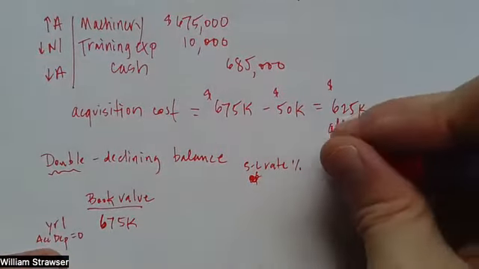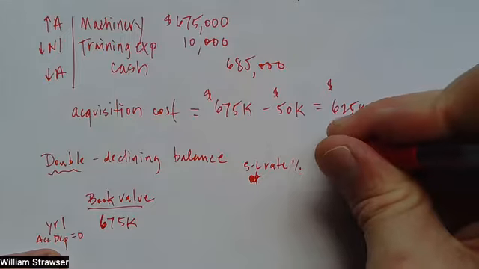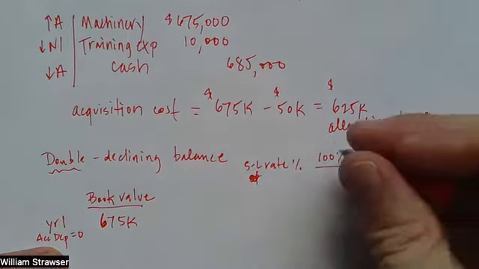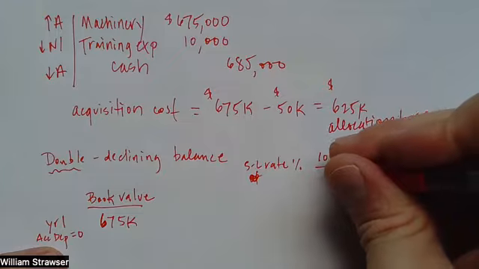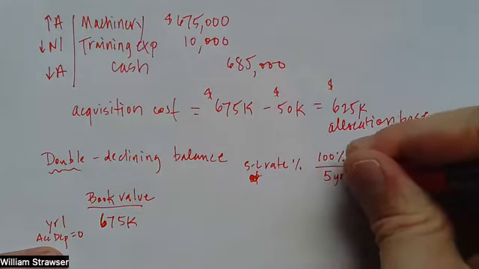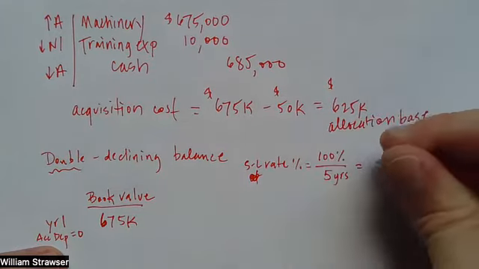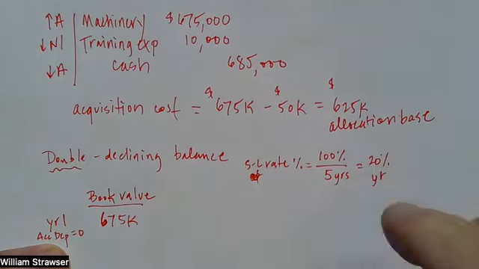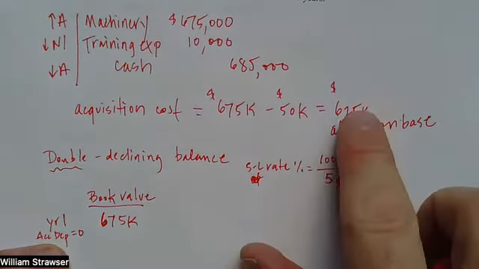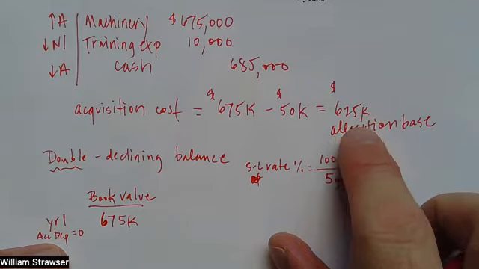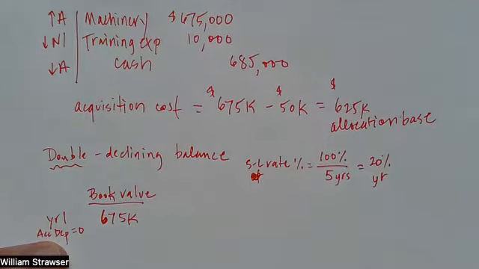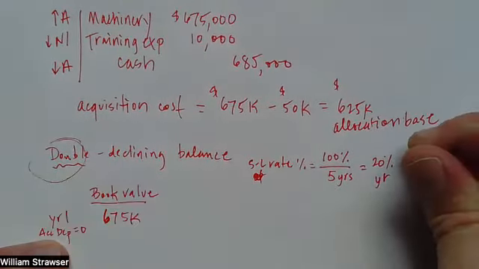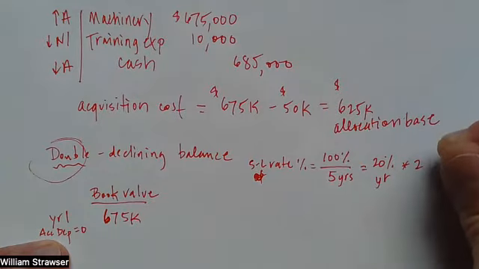And the way you get that is just by understanding that I'm going to divide up 100% of the allocation base over the course of 5 years. And so the straight line rate is 20% per year. If I was going to apply straight line, I just applied 20% of this amount every year for 5 years. But because I'm doubling that, I multiply it by 2.